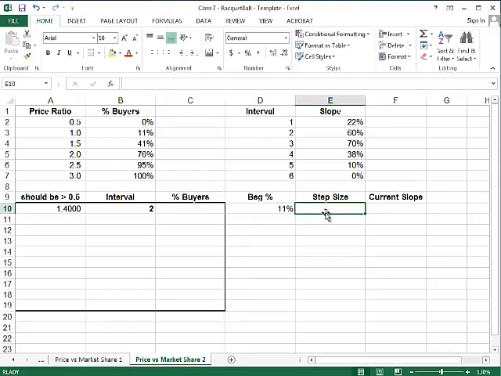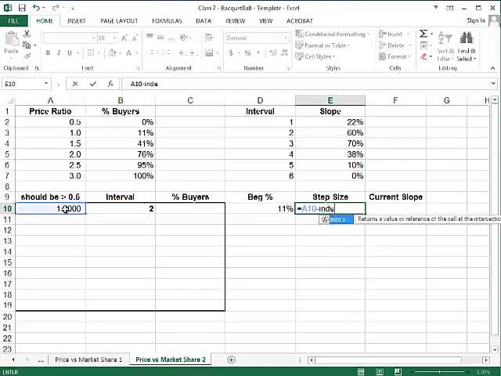Step size. So the step size is how far 1.4 is away from the beginning of interval 2, which goes from 1 to 1.5. So here's what I'm going to do. I'm going to say 1.4 minus, give me the beginning of that interval, which is index. I could have also used a lookup function.